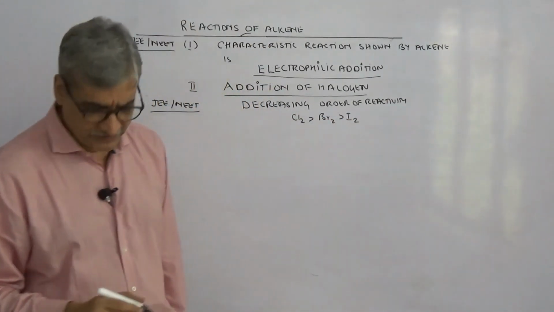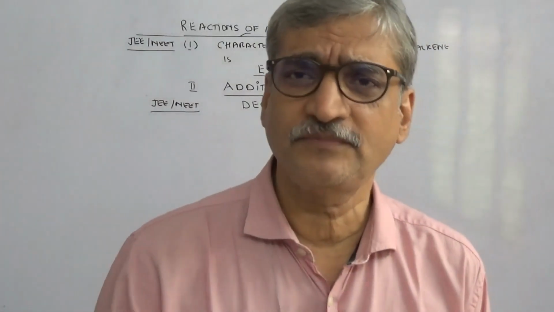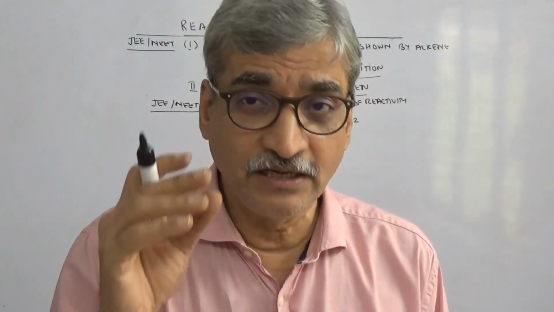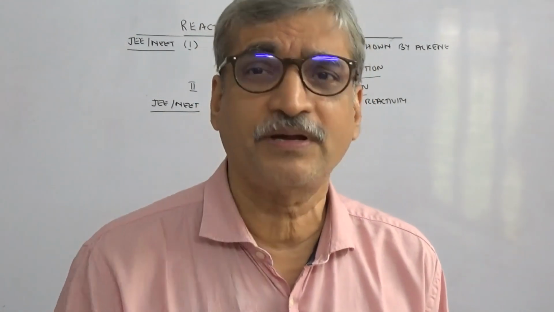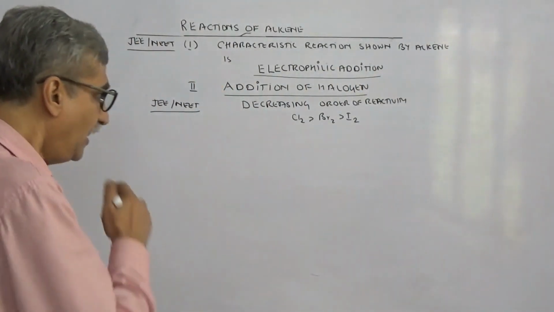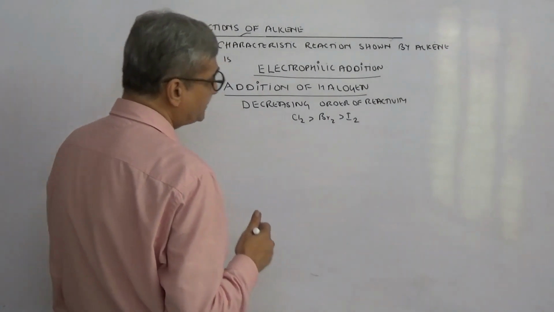We have fluorine, but fluorine reacts with all hydrocarbons and forms carbon tetrafluoride. So actually fluorine will be the most reactive, but we will not achieve our purpose of the addition reaction. Is this point clear? So this leads to a formation of vicinal dihalide.